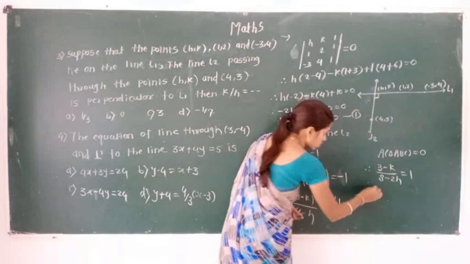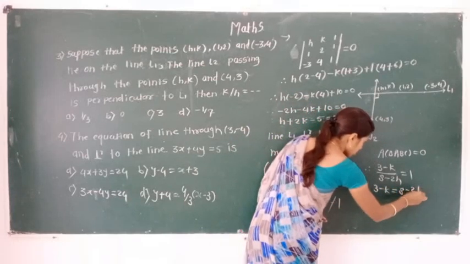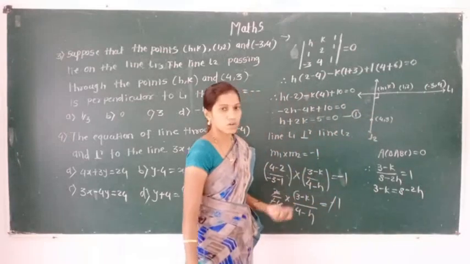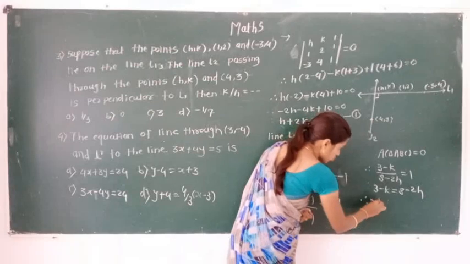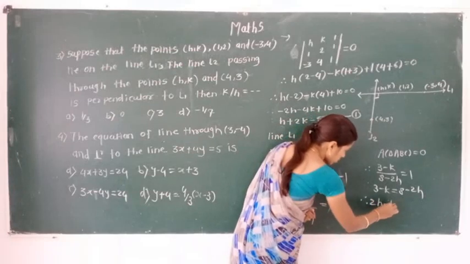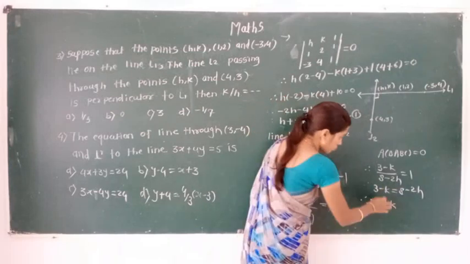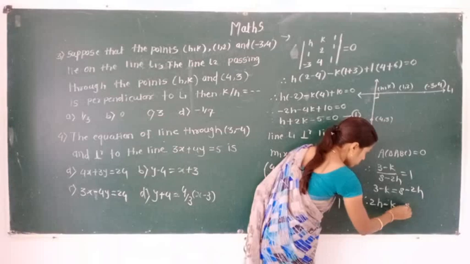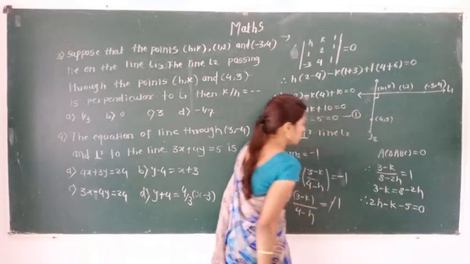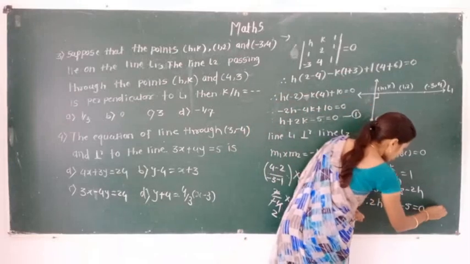Then we get 3 minus k is equal to 8 minus 2h. Transferring all terms to the right hand side, we write 2h minus k plus 3 minus 8, which gives minus 5, is equal to 0.